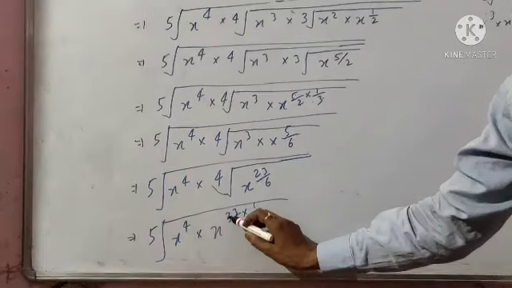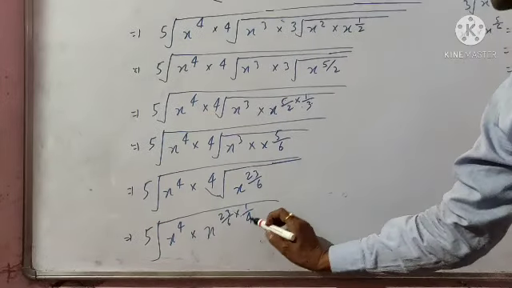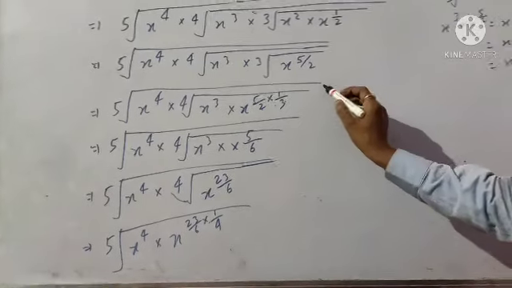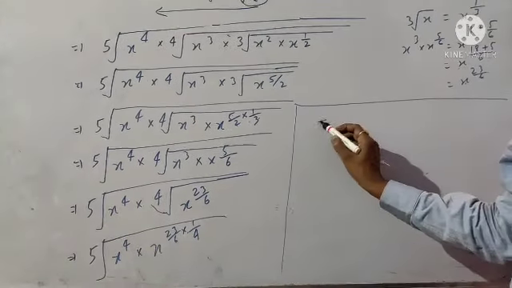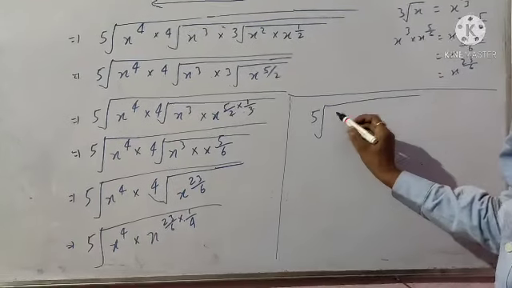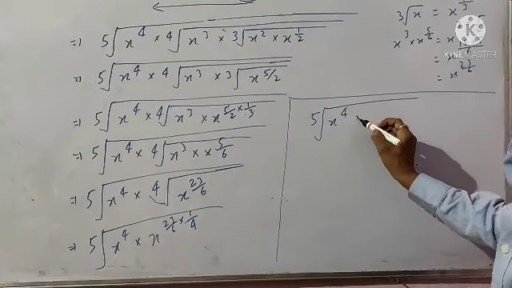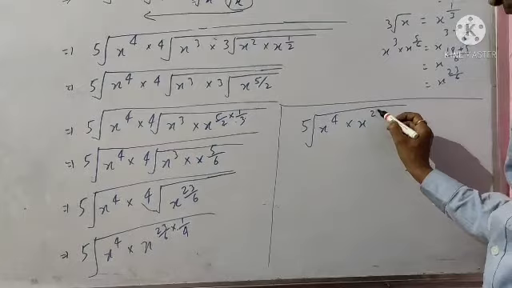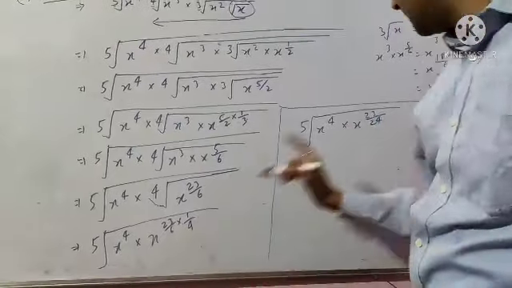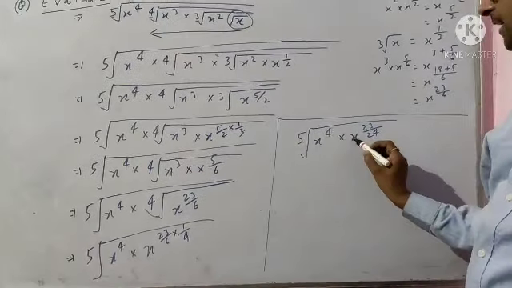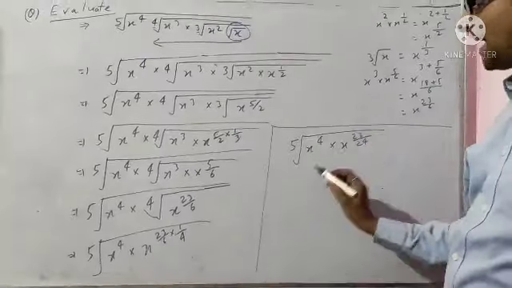So here we can write 23 by 6 into 1 by 4. So fifth root of again x to the power 4 into x to the power 23 by 24, because 6 into 4 is equal to 24. Again, student, base are equal, power is added.